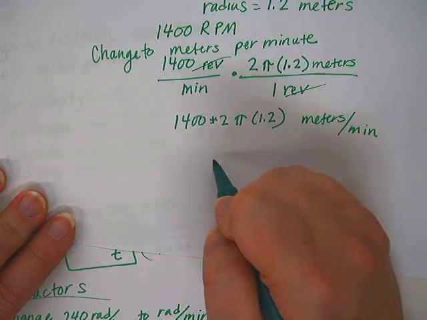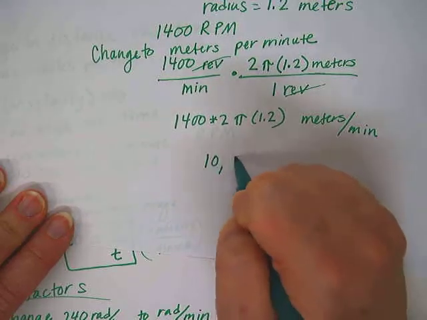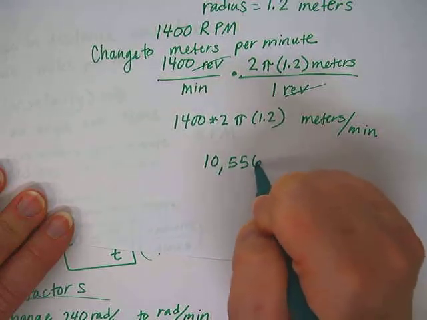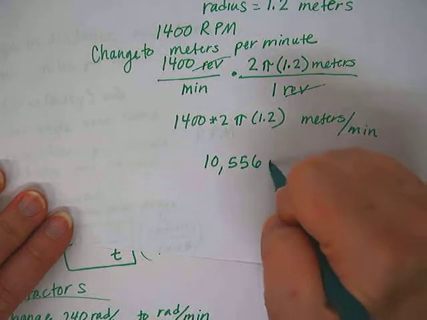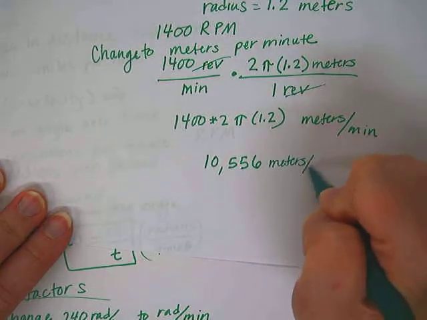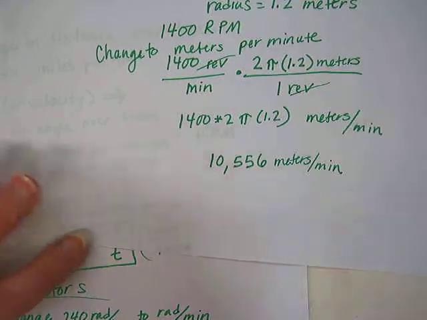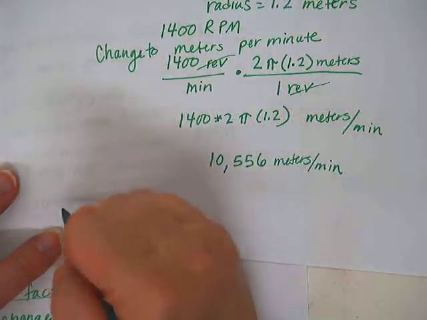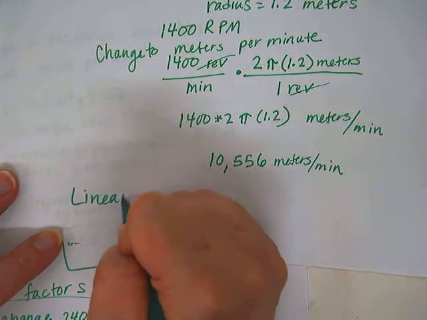What did you get? How fast are the propellers moving through the air? I have 556. Does it round up?